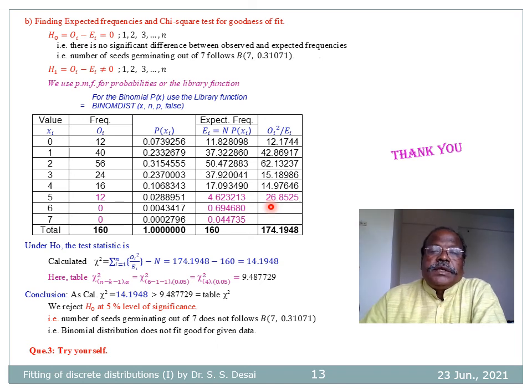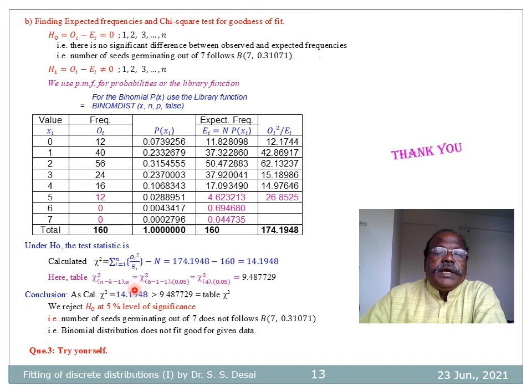Now under H naught, the test statistic chi-square is 14.1948, and the table chi-square here is n minus k minus 1. n is the number of frequencies after pooling. Here the number of frequencies after pooling is 6.